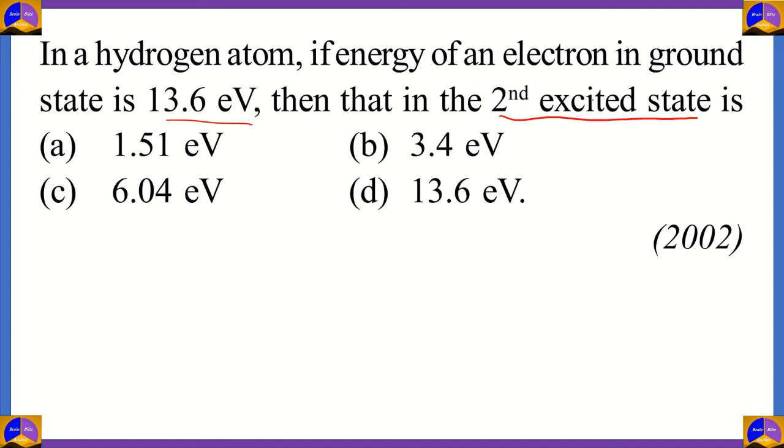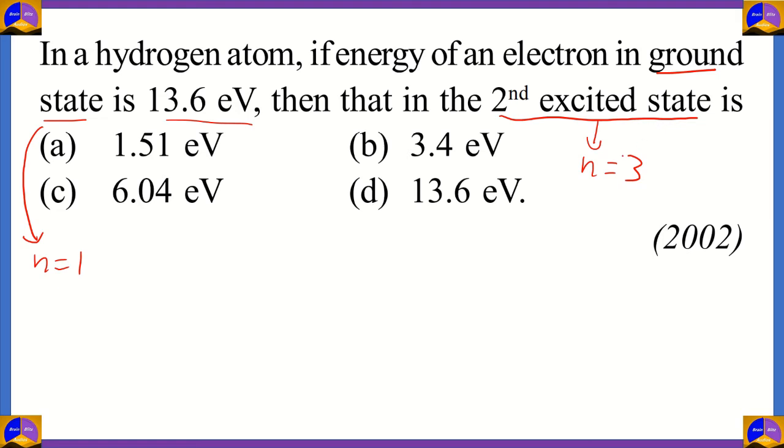We need to find out what exactly the second excited state is. Ground state refers to an electron at the orbit n equals 1. So the second excited state would mean n is equal to 1 plus 2, so n equals 3. An electron in the third orbit will be in its second excited state.